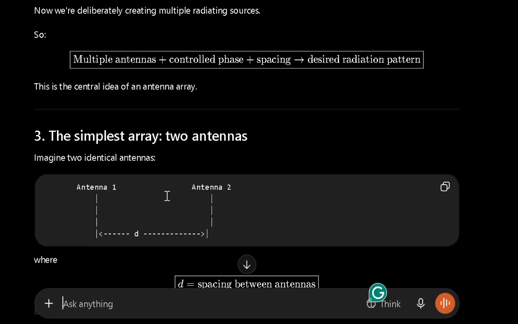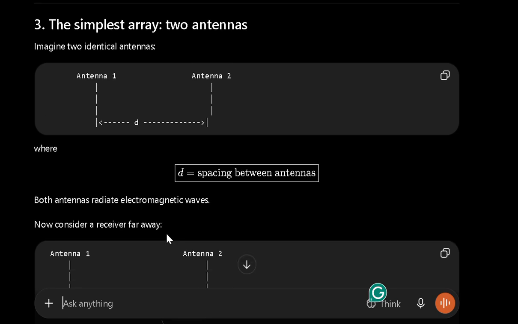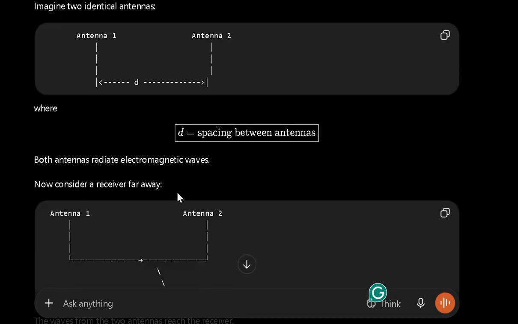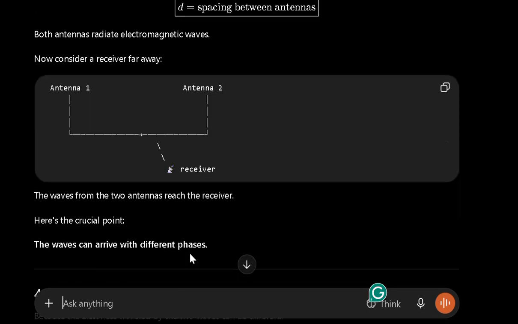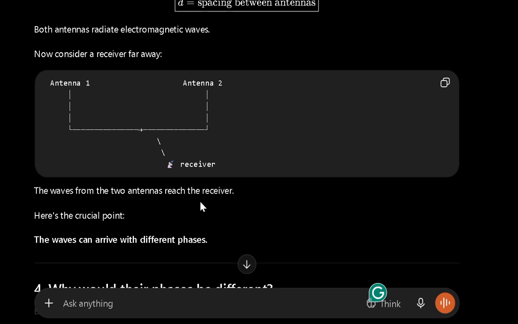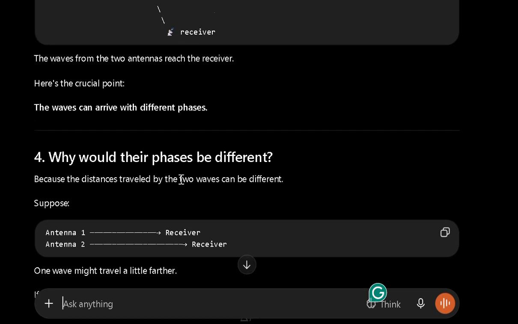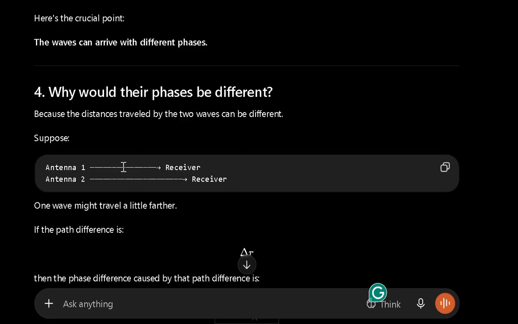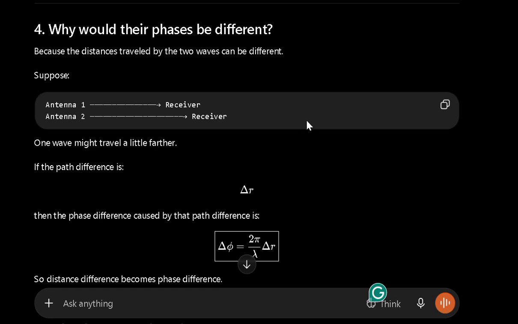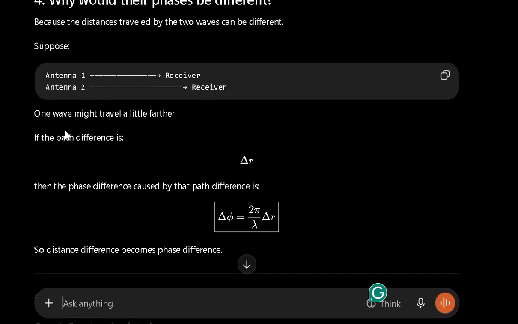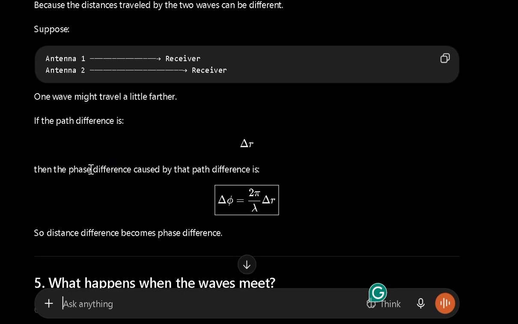The simplest array has two antennas. Imagine two identical antennas, antenna 1 and antenna 2, with some spacing between them, and a receiver. The crucial point is that the waves from the two antennas reach the receiver at different phases. Why would those phases be different? Because the distances traveled by the two waves from antenna 1 and antenna 2 towards the receiver differ.